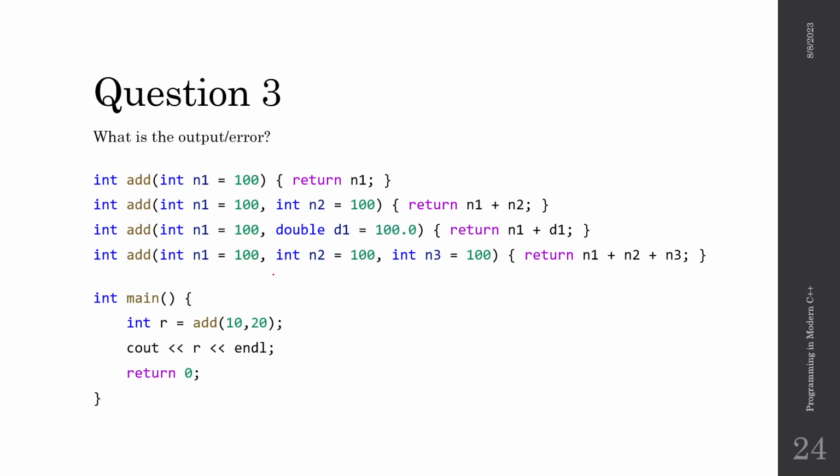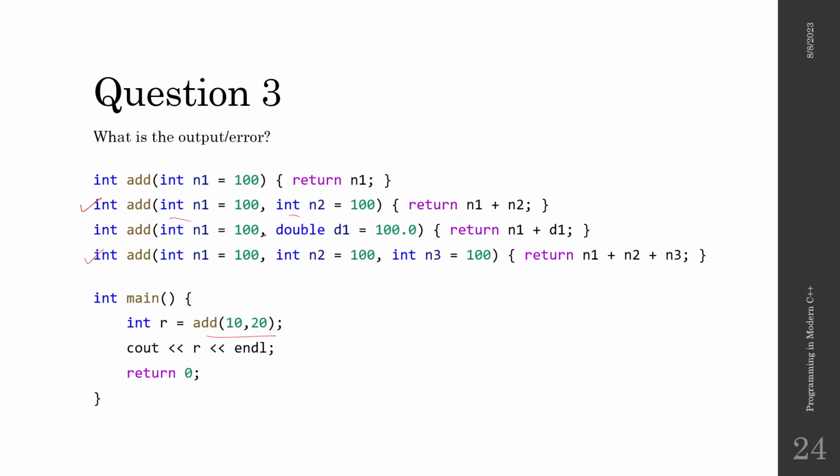Yes, as some people have said in the comments, it is actually an ambiguous situation, so there will be an error about ambiguity. Because when we have written add 10 comma 20, it can either go to B or it can go to D. So there is an ambiguous situation here.